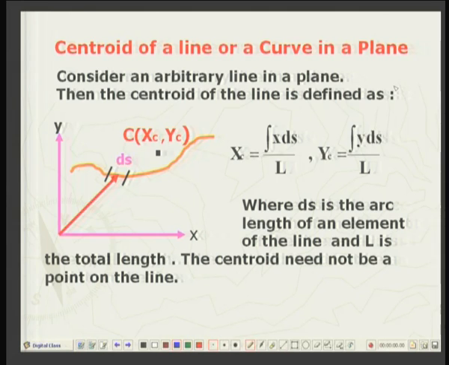Starting from area, that is 2 dimension, we went to 3 dimension, and sometimes we have to do the similar exercise for the 1-dimensional case or a curvilinear body, a simple curve. So that will be the centroid of a line or a curve in a plane. This line or curve is lying in a plane.